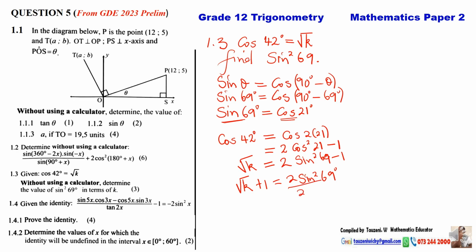It will give us an expression: the square root of k plus 1, all divided by 2, is equal to sine squared 69 degrees. And that answers question 1.3.